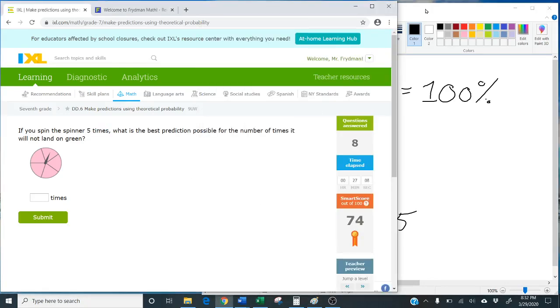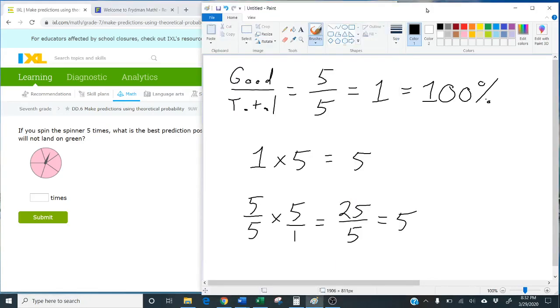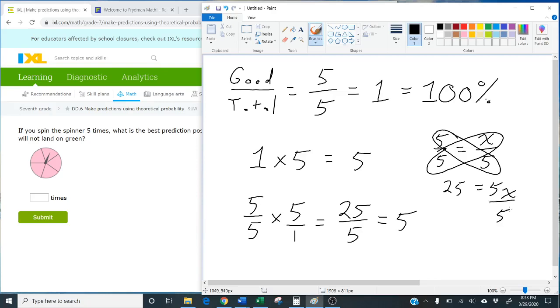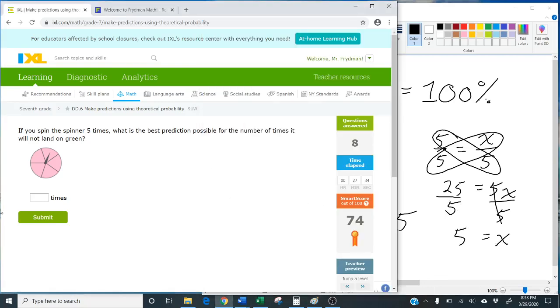You could also use the proportion strategy for that. 5 over 5 equals x also over 5. There are a lot of 5s in this problem. We would see that 25 is equal to 5x. Divide both sides by 5. Again, x equals 5. So there are 5s all over the place in this problem. There we go.